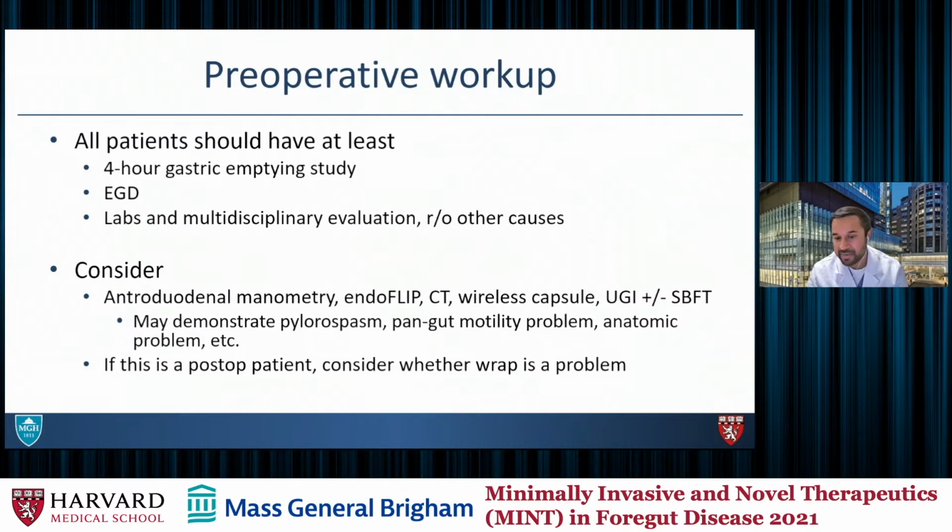With the CT, you want to make sure that there's no distal obstruction due to malignancy that could be causing a lot of the gastroparetic symptoms. Some of these modalities can also demonstrate pylorospasm or pan-gut motility problems, anatomic problems, which you have to know before you even decide to operate on these patients. If the patient does have a surgical history, then we need to consider if the fundoplication or the wrap is causing some of these symptoms of gastroparesis.